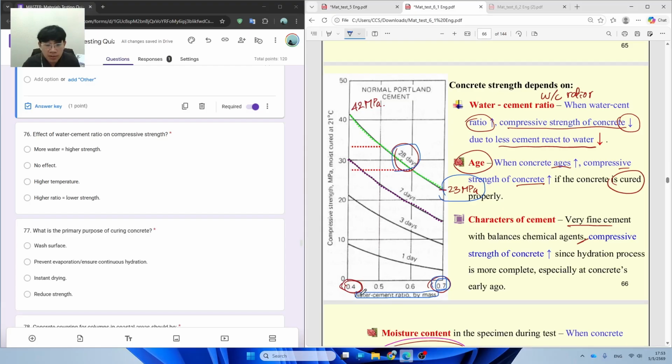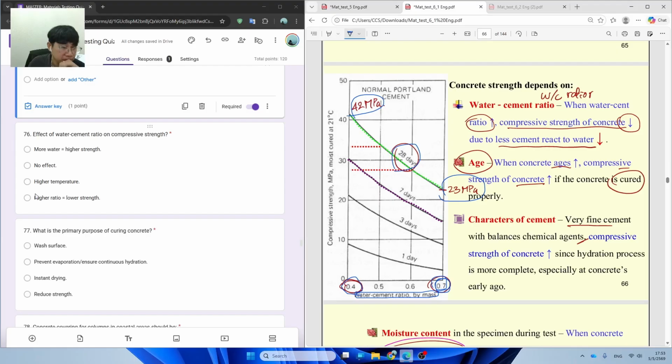But when we reduce the water ratio to only 0.4, it provides 42 megapascals, which is almost twice as good as 0.7.